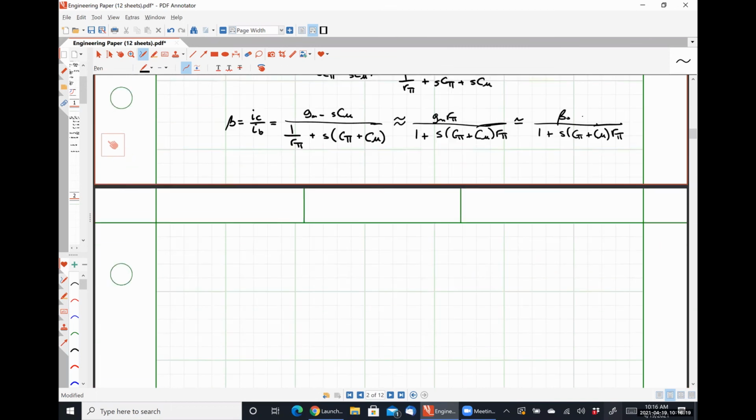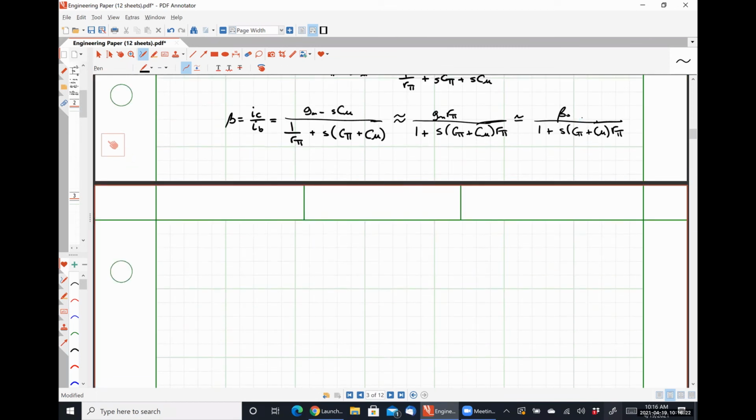So our frequency response is going to look something like this. Here we have the magnitude of beta measured in decibels. Here we have our frequency omega. I'm going to call this guy beta naught.